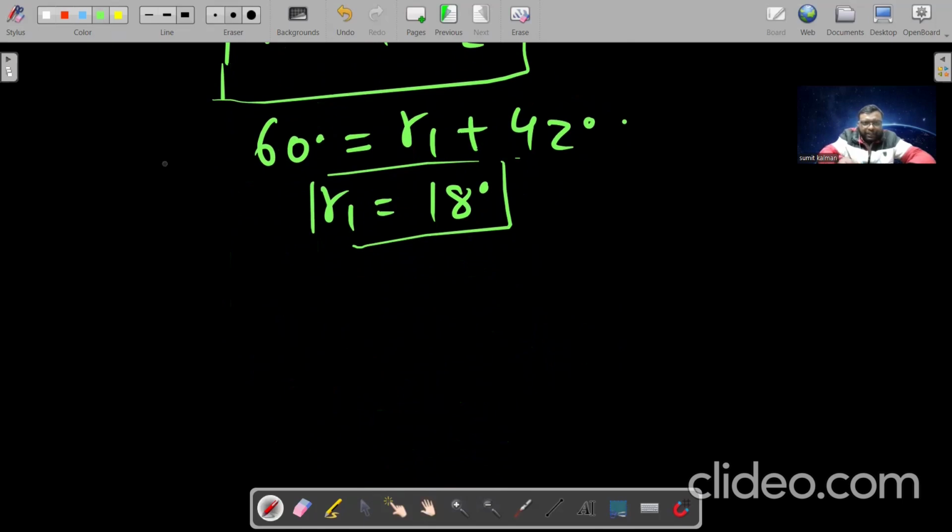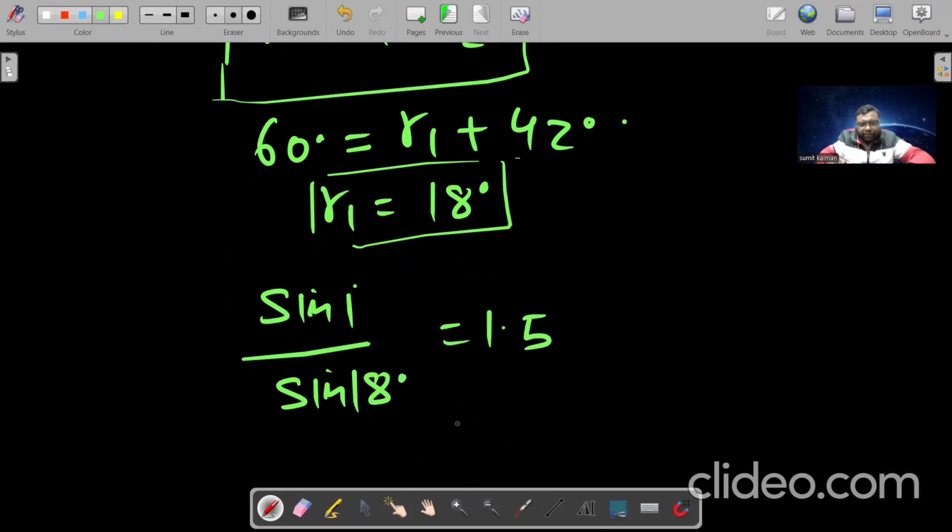So yes, sine of angle of incidence, sine I upon sine 18 degree, is equal to 1.5.